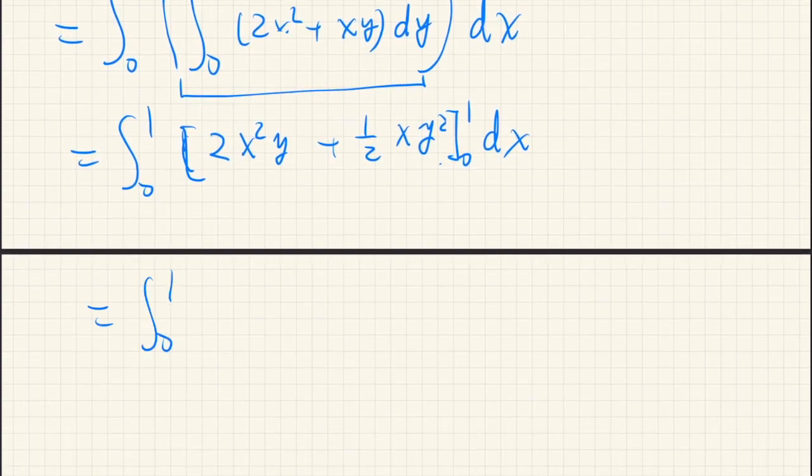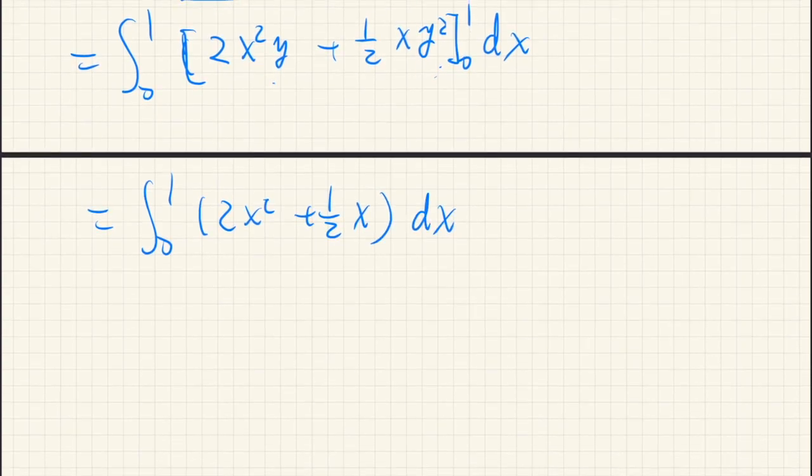Okay, and with y equal to 1, that is 2x squared plus 1 over 2 x, and with y equal to 0, that's 0 and 0, so that's all. Now we integrate with respect to x.